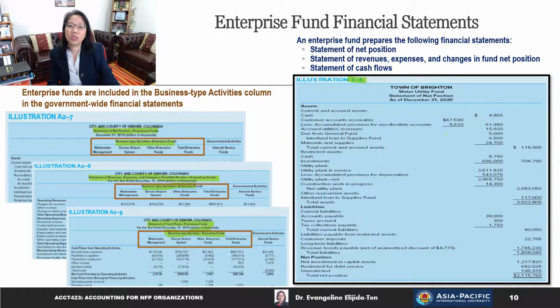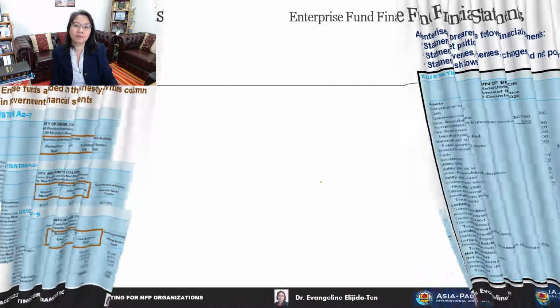And I just wanted to point out that it's following the format of assets minus the liabilities equals the net position. And that's mainly because it is called the statement of net position rather than the traditional balance sheet.